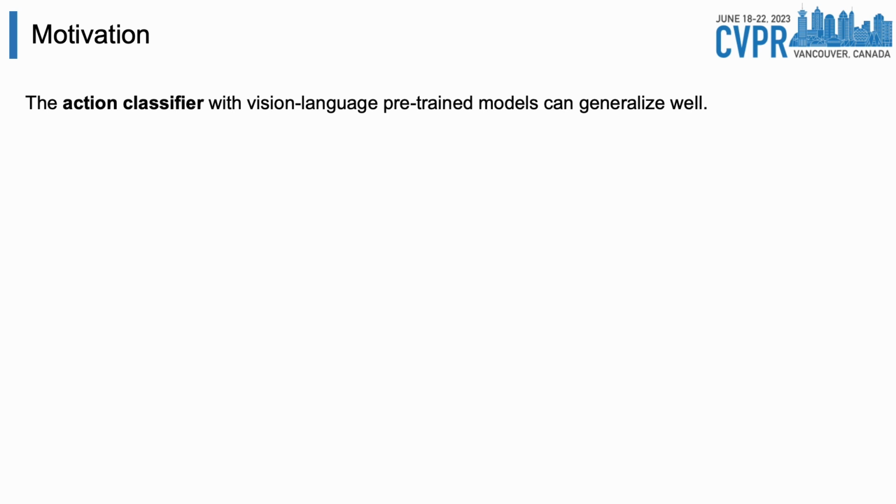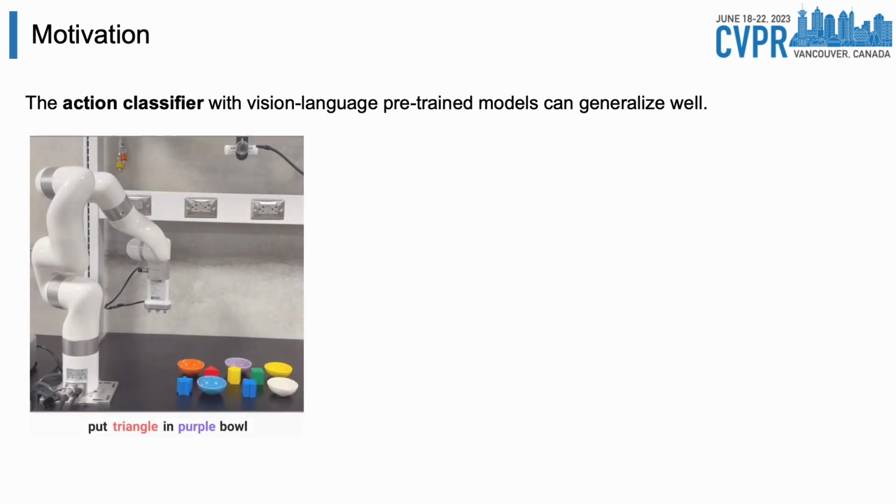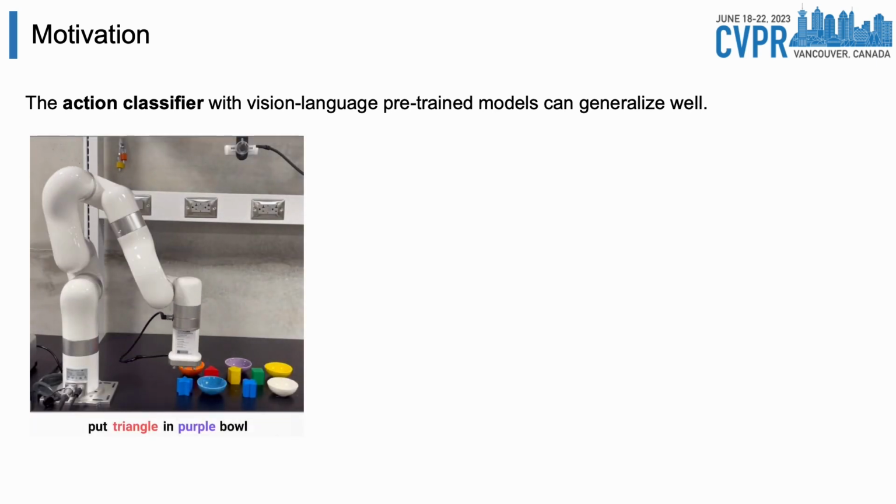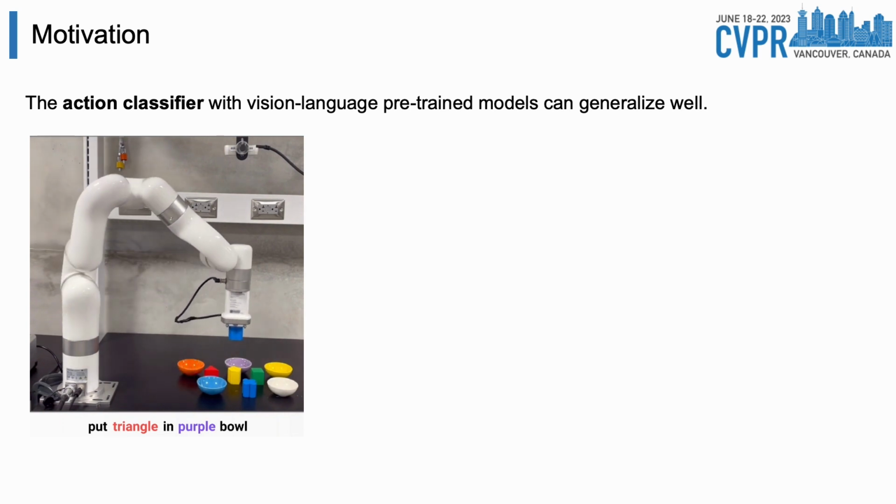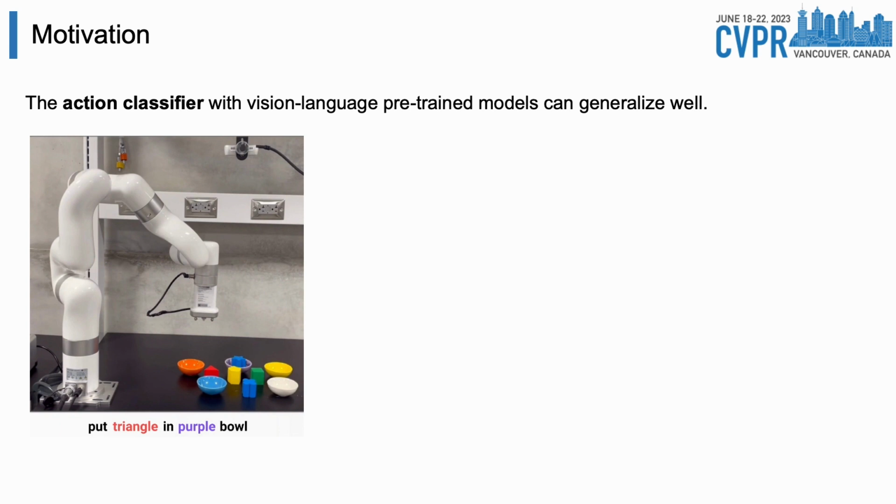Our key insight is that while the policy cannot generalize well, the action classifier with vision language pre-trained models can still achieve a high accuracy when transferred to unseen tasks and environments. For example, in the previous demonstration, given the instruction put triangle in purple bowl, the robot performed an action that did not match the instruction.